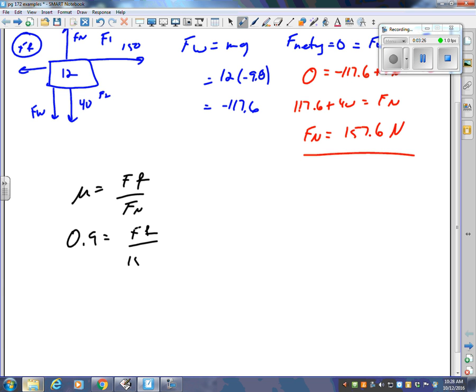Normal force 157.6, so you multiply by 0.9. 141.8. Is that what you got? Yeah. Good for you. So really, there's not a lot to it, right? It's pretty straightforward once you sort of see it.